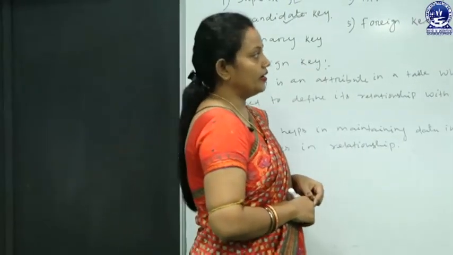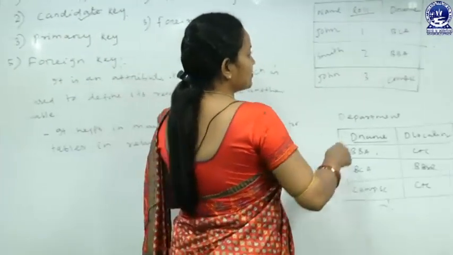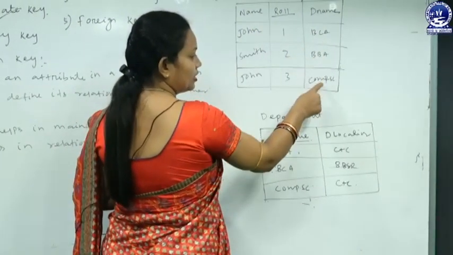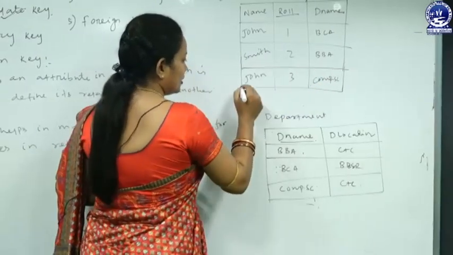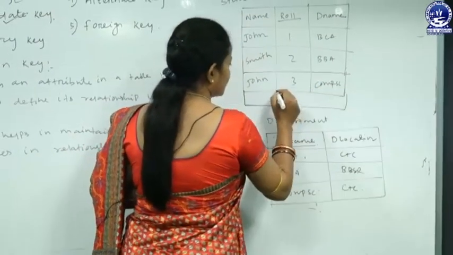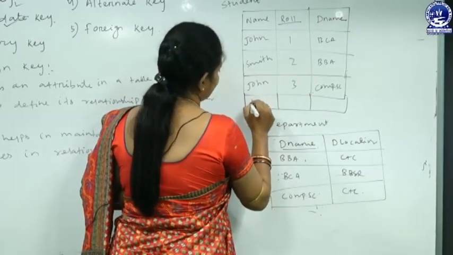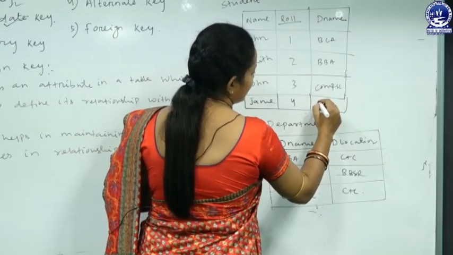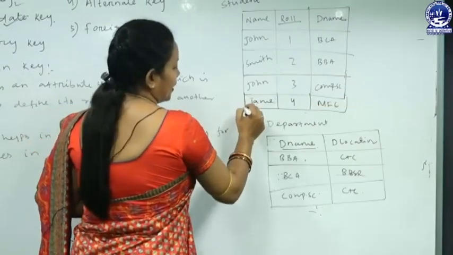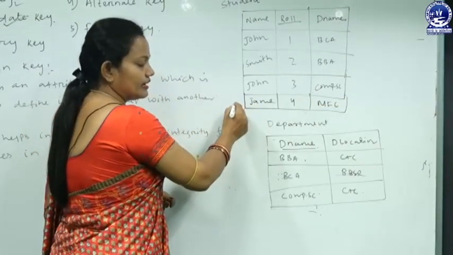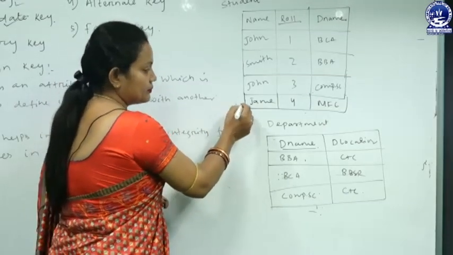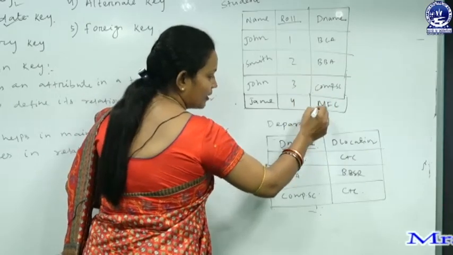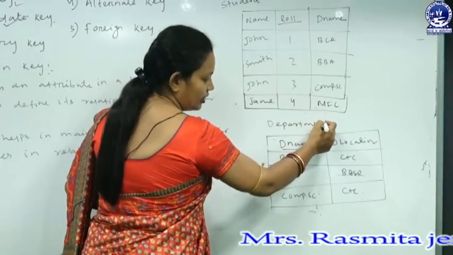That means how will we maintain the integrity? See, in the student table, the students have department names BCA, BBA, Computer Science. If here I am adding a new tuple, suppose the name is James, roll number 4 and department suppose MFC. It may violate the integrity of the relation. That means what? MFC, the name of the department, does not exist in the department table.